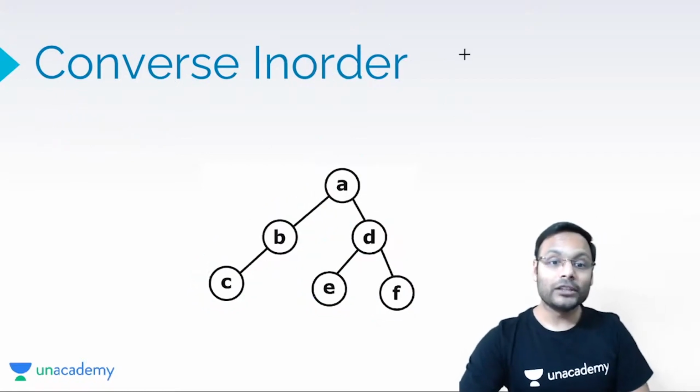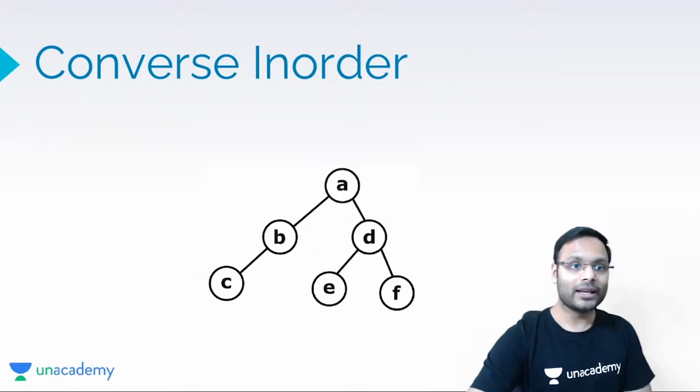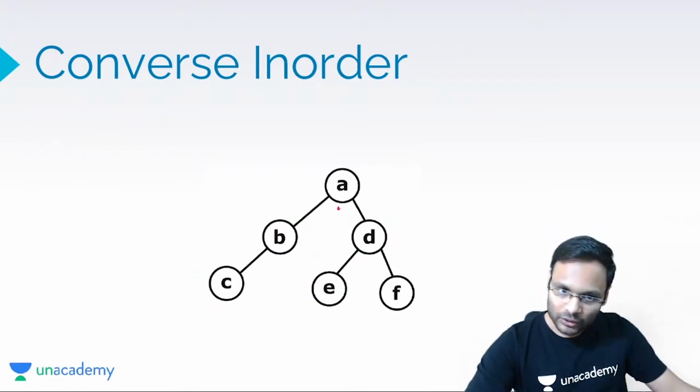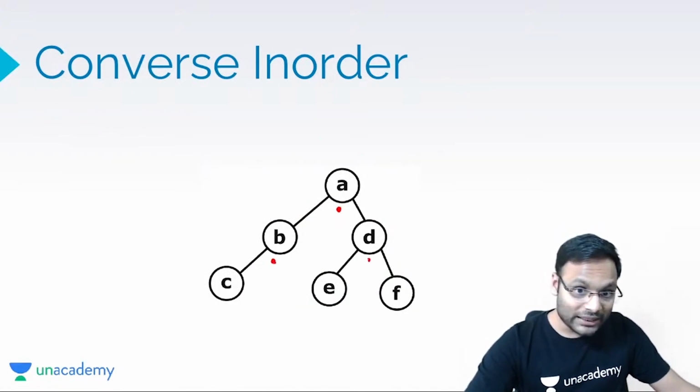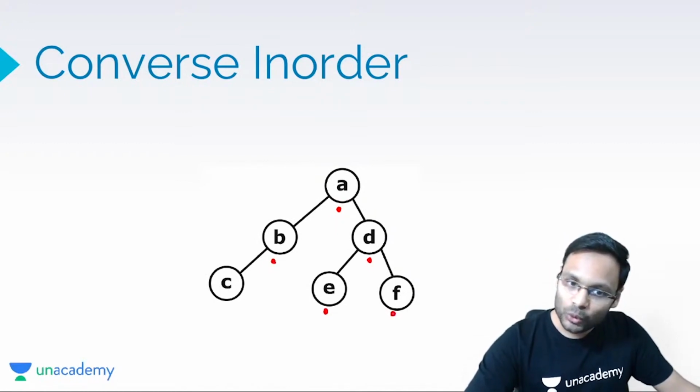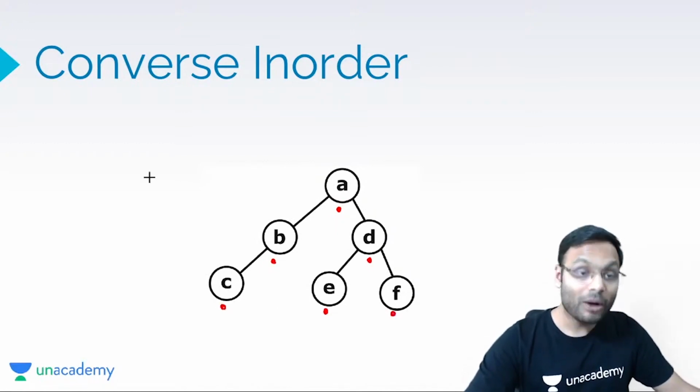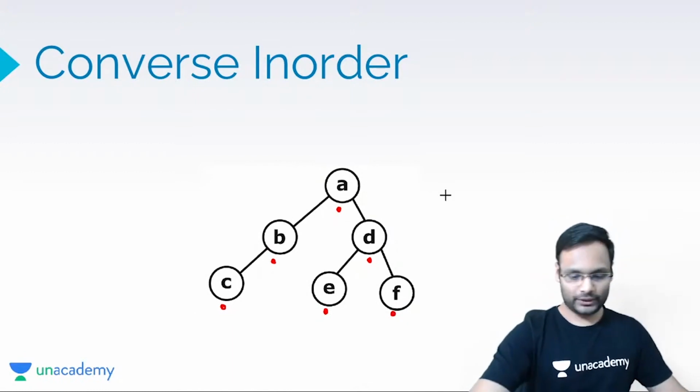Similarly, if you are putting the dots for in-order, like first of all right, then node, then left, in between left and right, here also you will have to take care that you start the traversal from right to left.